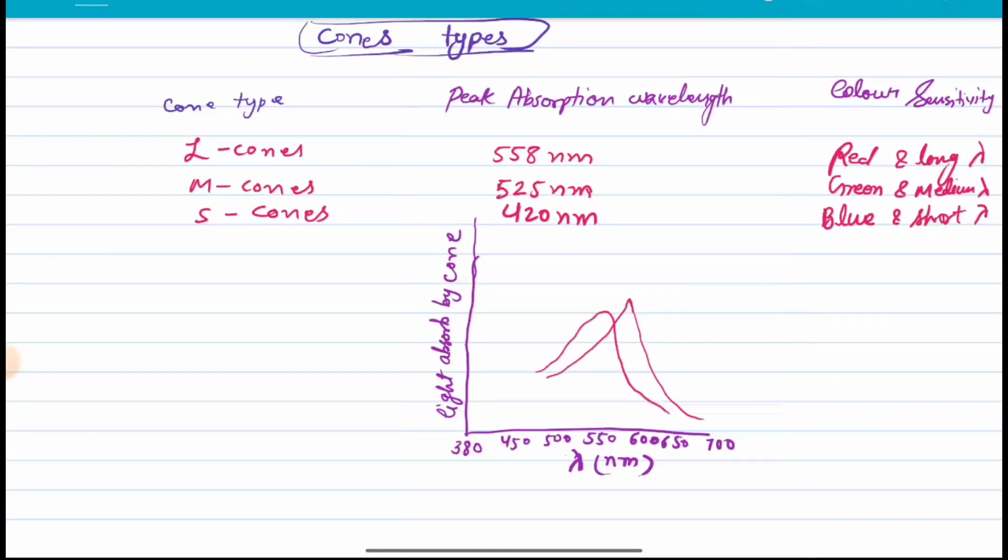And the S cone, blue color, absorbs at a very short wavelength, 420 nanometer, like here.